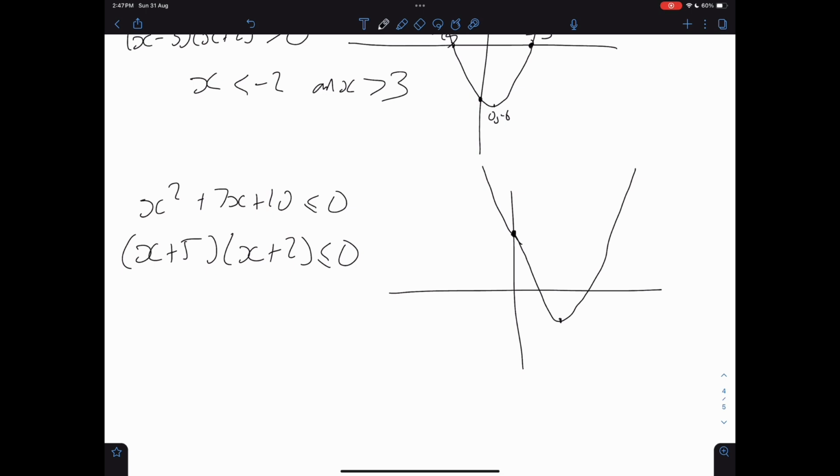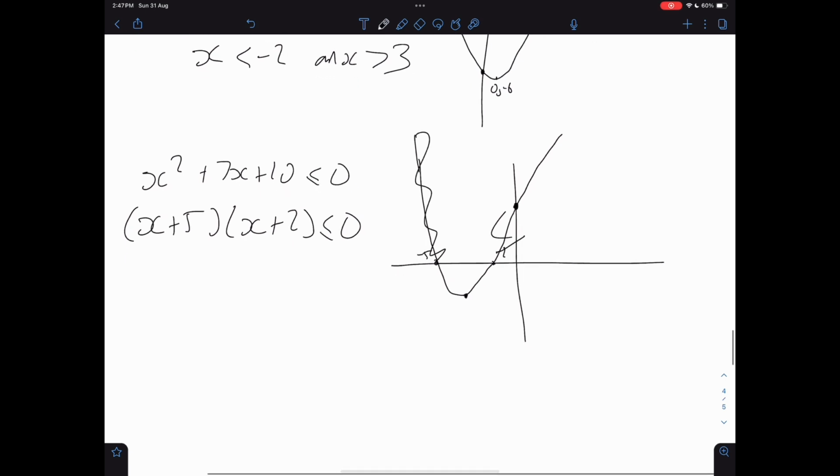Oh wait, hang on, sorry, I keep making the same mistake. The roots will be at minus 5 and minus 2, and that goes down there. Like that, kind of. Oh, no, it is a less than. We want it to be less than 0, so we'll take this part here. We have to go minus 5 less than or equal to x, less than or equal to minus 2.